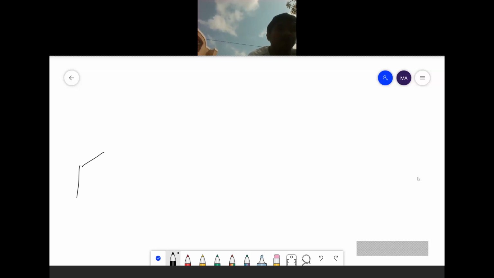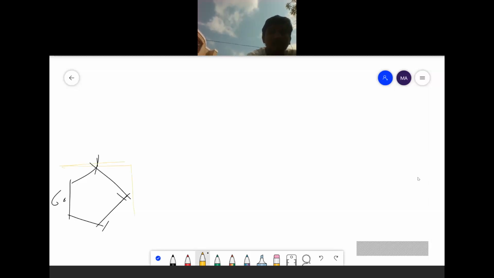I will take 108, 108. I will cut 60, 60. First draw the pentagon, 108, 108, cut 60, 60, the given side as 60. I will insert it into a rectangle.